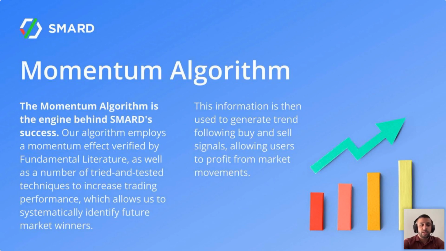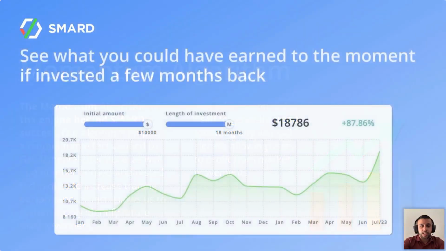The algorithm employs momentum effect verified by fundamental literature as well as a number of tried and tested techniques, and it basically allows us to increase trading performance, which systematically identifies future market winners, right? And this is all of the information that we basically use to generate trends, buy and sell signals, and it allows our users to create profits and sustain with us in the long run, right?